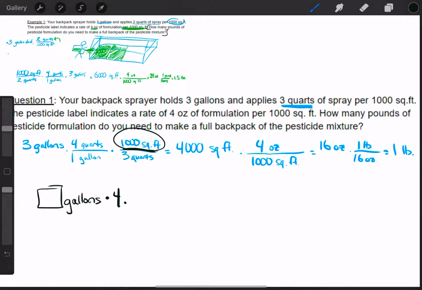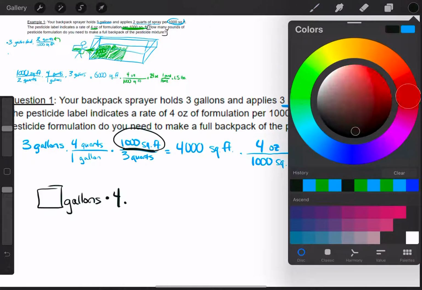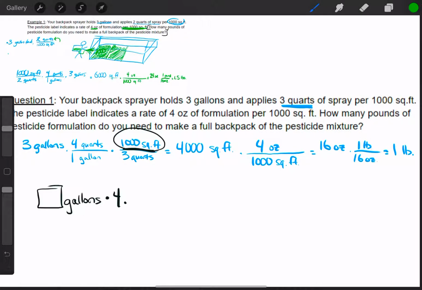We're going to multiply that by what we're going to call our spray rate, which is in square feet per quart.